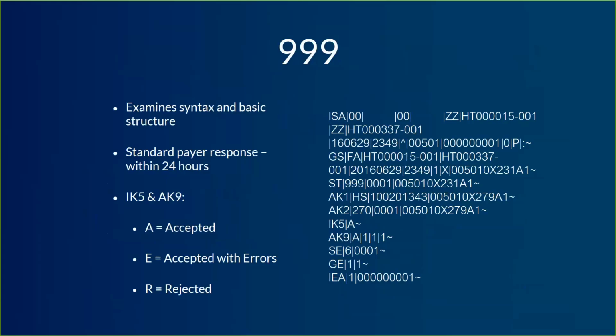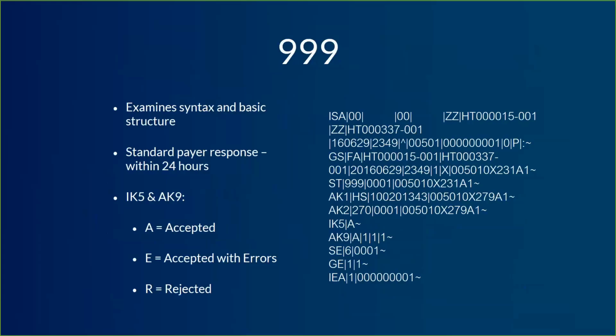They do technically have up to about 24 before it's considered horrendously slow. Now, it is not a required thing for payers to send back. So there are going to be a couple payers where when you send your claim, it's going to skip this step altogether. So if you're at all curious as to whether your 999 is late or not coming at all, feel free to contact your clearinghouse, including UHIN if we're your clearinghouse, and we'd be happy to tell you if that's a normal thing for that payer.